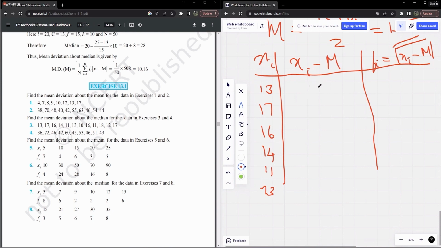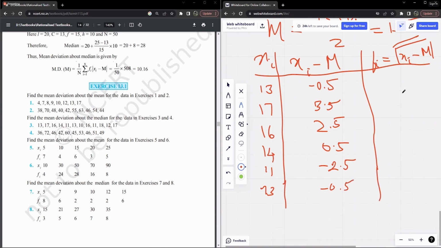And since the median is 13.5, just directly subtracting it, 17 minus 13.5 becomes 3.5. This is 2.5. This is 0.5. This is minus 2.5. And this is minus 0.5.